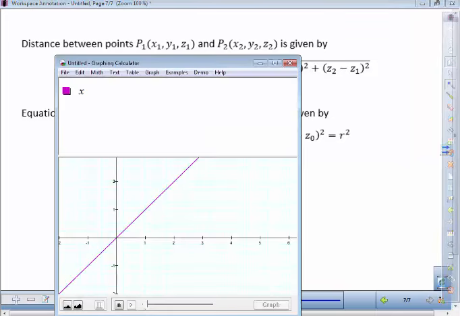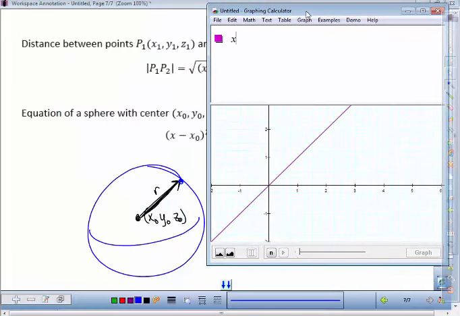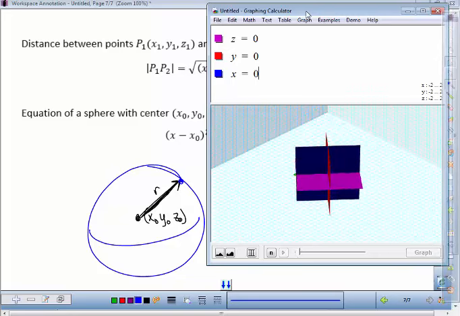All right, so if you had a hard time viewing this, I would recommend a graphing program that would allow you to imagine how these graphs look. Starting off with the coordinate planes.